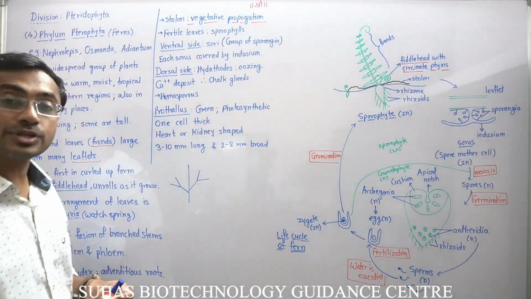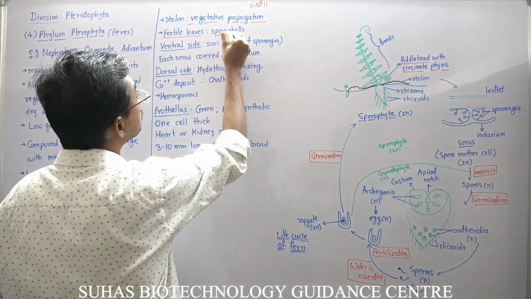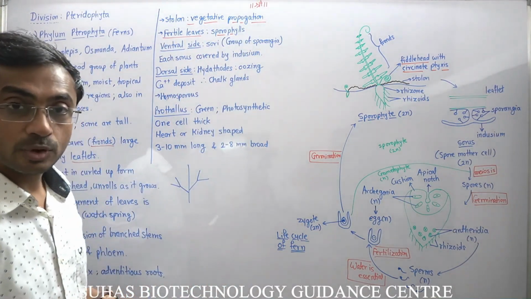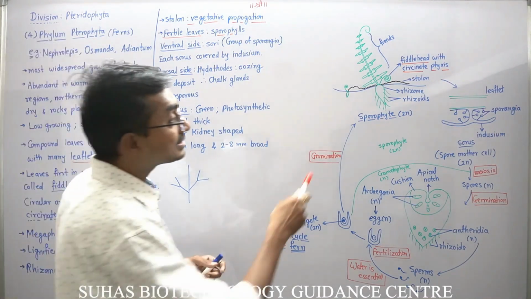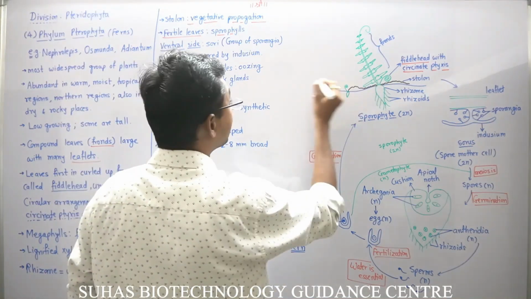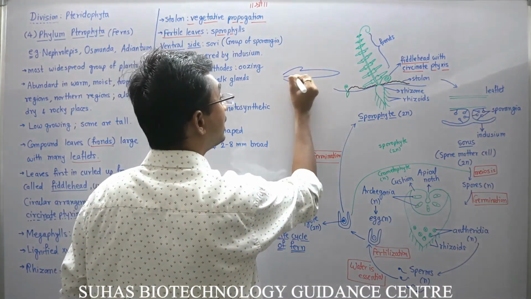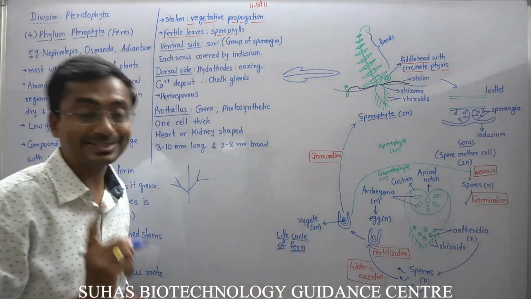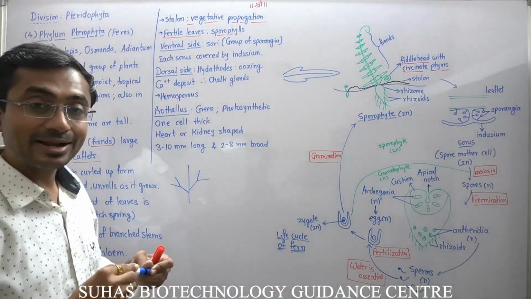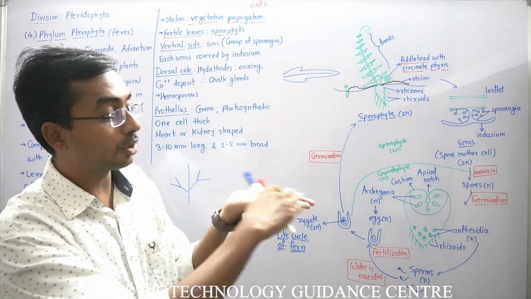Now the most important factor in them is they have fertile leaves called sporophylls. Okay, and on this leaf, if we draw this leaf, it looks something like this, and on its ventral side, meaning the side which is facing the ground, this is the dorsal one.